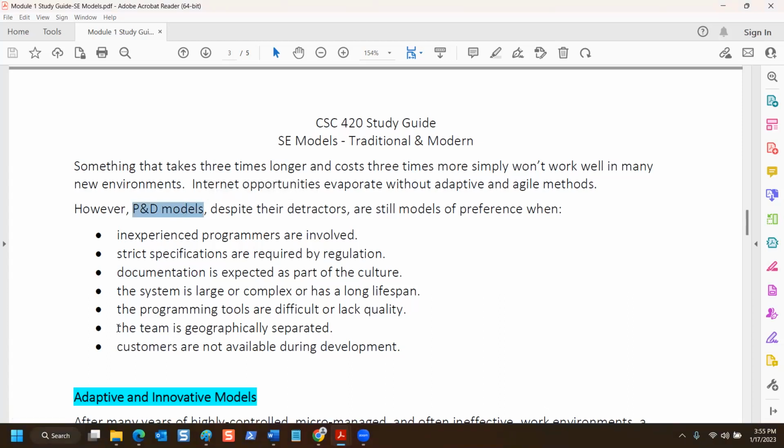If your development team is geographically separated, what am I saying? Adaptive, agile, new, latest, greatest software engineering methods. The team is burning the midnight oil, they're having a pizza party, right? They do something called a scrum, which relates to rugby.